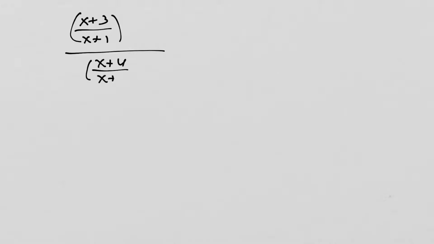Dividing by rational functions is again the same thing you do as you divide by rational numbers. So if I had x plus 3 over x plus 1, that rational function, over this one, x plus 6 over x plus 7, then remember, a fraction is just a division problem. So this is the same thing as x plus 3 over x plus 1 divided by x plus 6 over x plus 7.